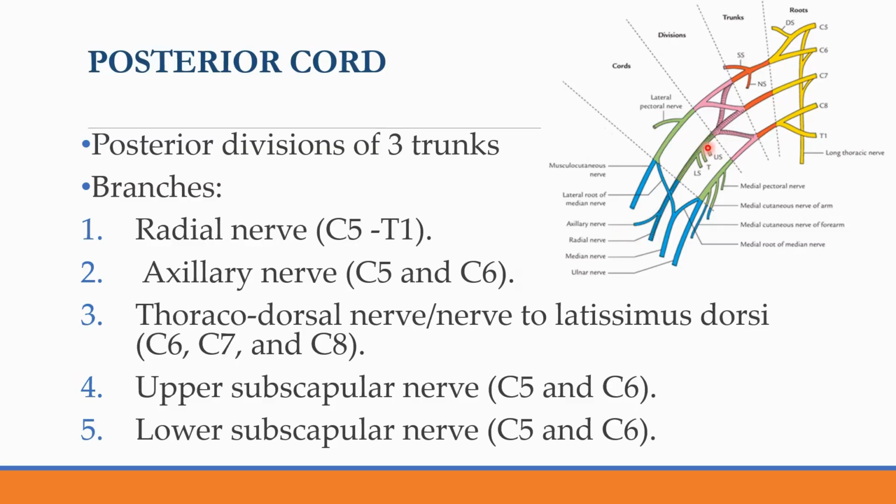Directly from the cord we have upper subscapular nerve C5 and C6, lower subscapular nerve C5 and C6, and thoracodorsal nerve C6 to C8. Thoracodorsal nerve also called nerve to latissimus dorsi. So 5 branches from the posterior cord totally.